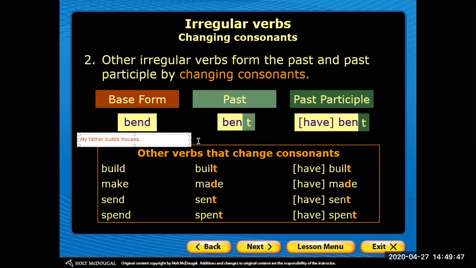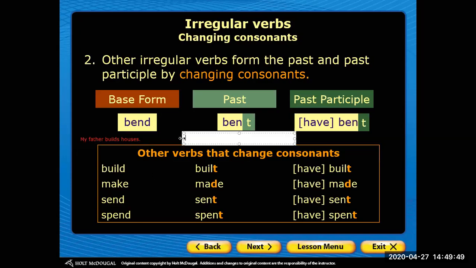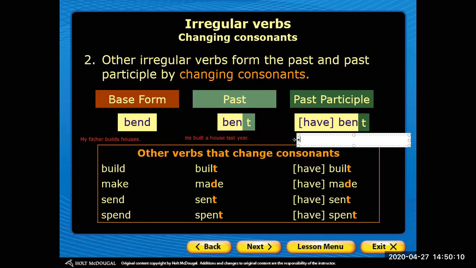My father, he, start with the capital letter, he built a house last year. And here, the third example, he has built a lot of houses.